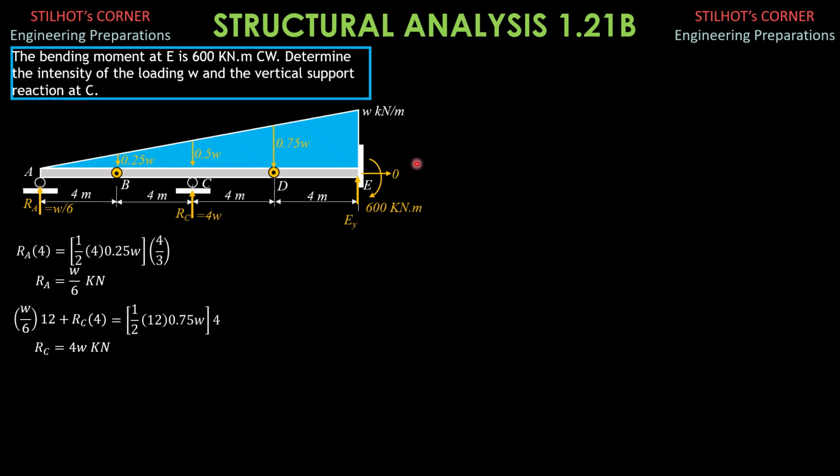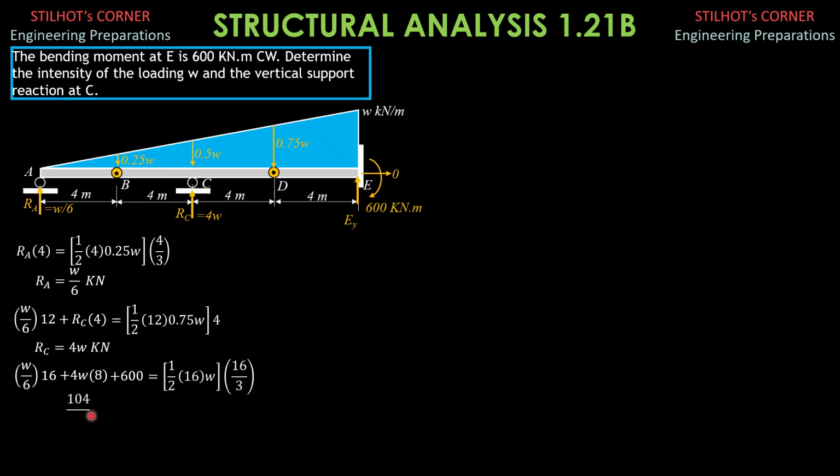So still clockwise positive, RA W over 6 times 16, then plus R sub C, which is 4W times 8, then plus 600, then equals moment of the loading 1/2 of 16 times W, and the moment arm is 1/3 of 16 or 16/3. So 1/2 of 16 times W times 16/3.